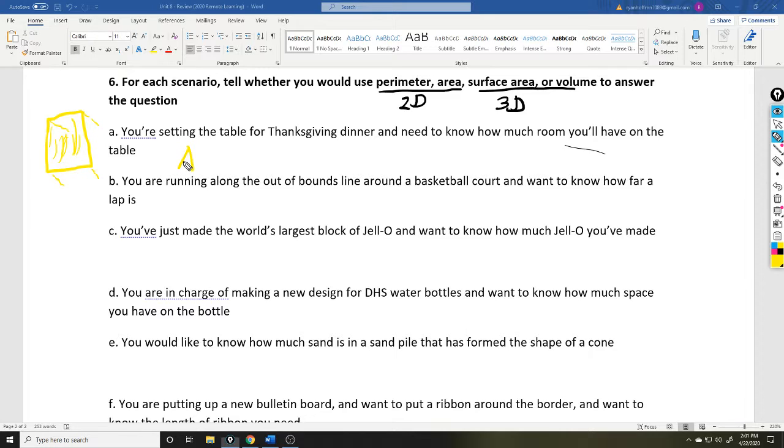So that's an area question. And that's all you need to do on these problems. It's asking for, here's the context of the problem, and I'm asking which type of formula is going to help us answer that question.